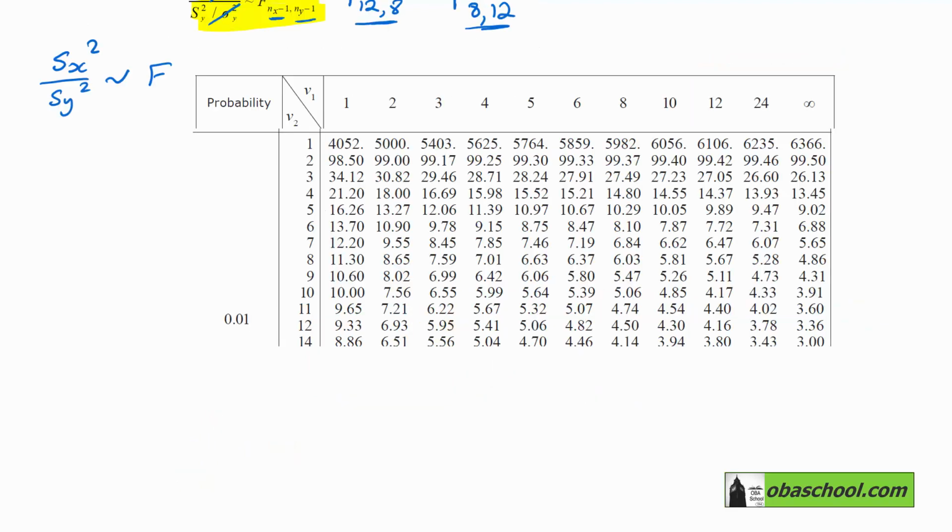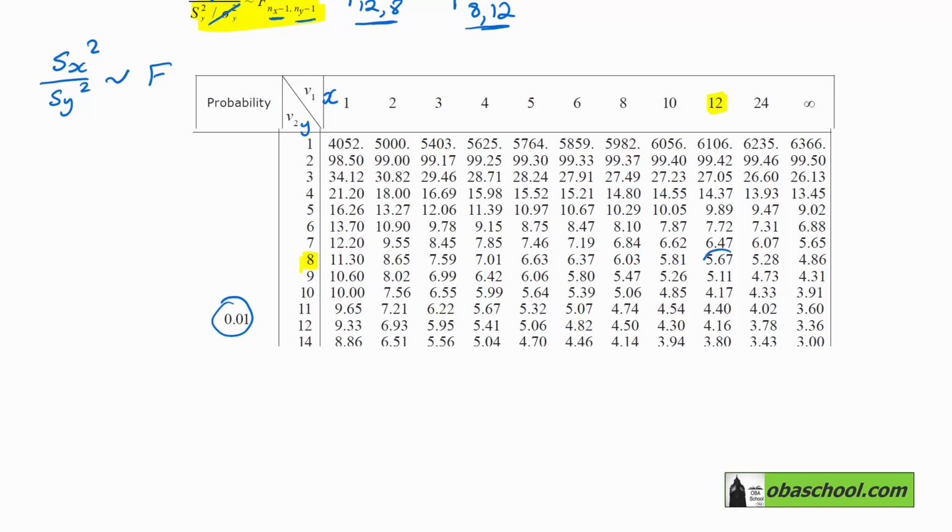So I've got the tables here now. If we do it with the x here and the y down here. So if we take x is 12, y is 8, and we're looking at this value. Notice that we've got the 1% tables here.